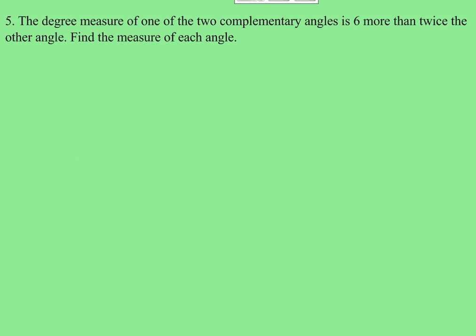The degree measure of one of two complementary angles is 6 more than twice the other angle. Find the measure of each angle. So let's start with A being the first angle. The other angle is 6 more than twice the first, so twice this angle plus 6.